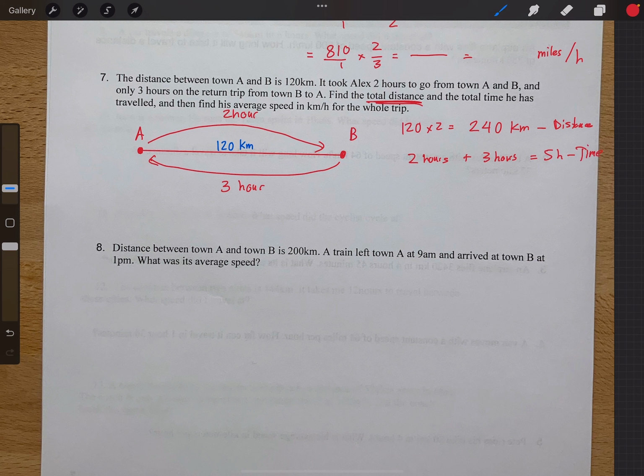So we have a distance, we have a time. It says find his average speed. So the speed, remember, is equal to distance divided by time. So that'll give me 240 divided by 5, and that'll give you the answer in kilometers per hour. Okay, so you can work that out by yourself, not too hard.